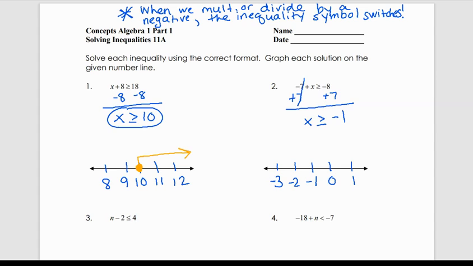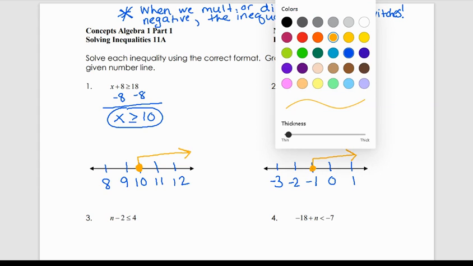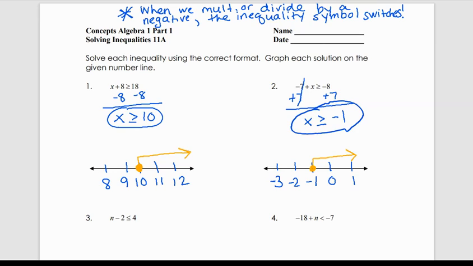Again, we'll have a closed circle and it's greater than, so again we will go towards the right. Any questions so far? I'm just going to pause for a couple seconds to make sure everyone has these copied.